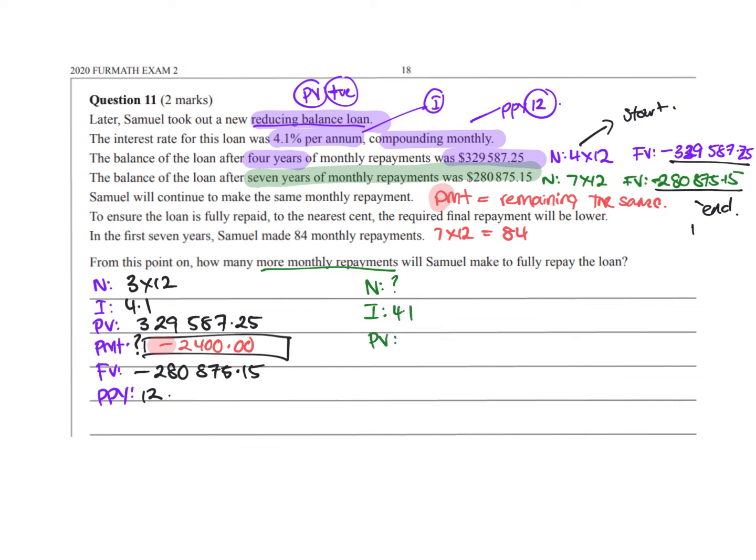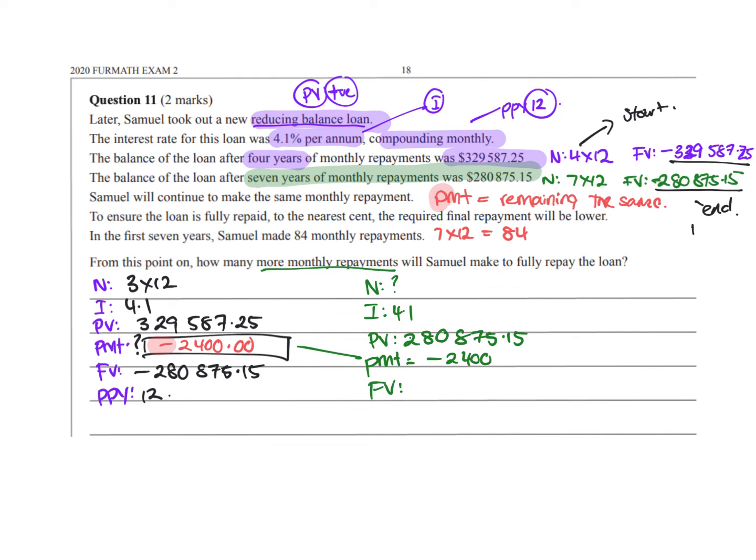Now our PV is like we're borrowing our 7-year mark again, so that's going to be positive. The 7-year total was 280,875.15. And we now know what payment we've got to put in: negative 2,400.